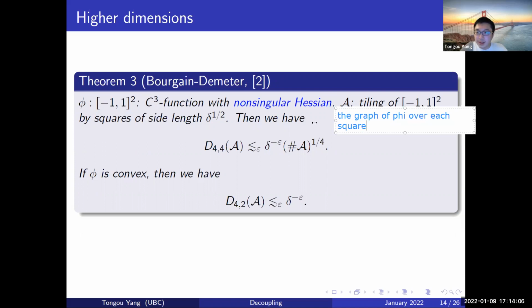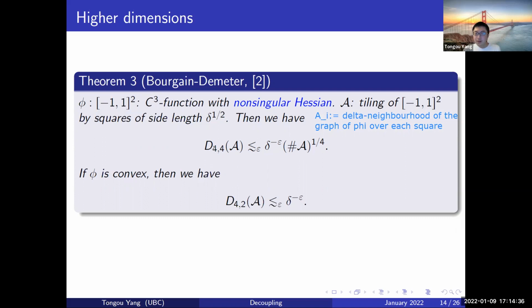Because we know we are in a 3D situation, each A_i is equal to the delta neighborhood of the graph of phi over each square, not just the square itself, of course, because we are in 3D. So after this modification, the little L4, capital L4 decoupling constant is bounded above by this number.